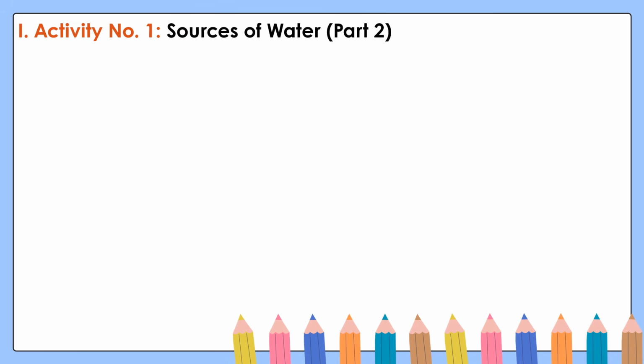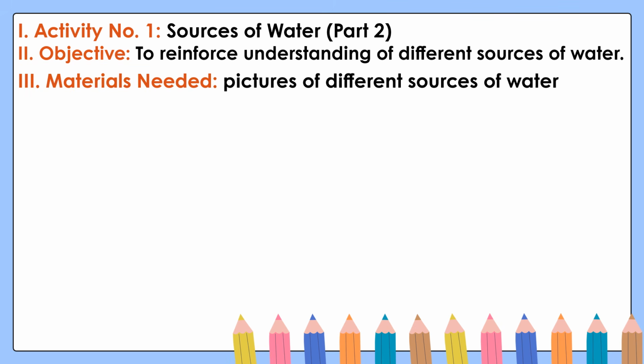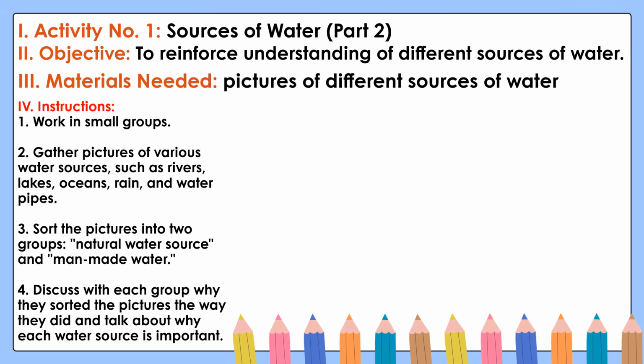Activity number 1, Sources of Water, Part 2. Objective: to reinforce understanding of different sources of water. Materials needed: pictures of different sources of water. Instructions: work in small groups.